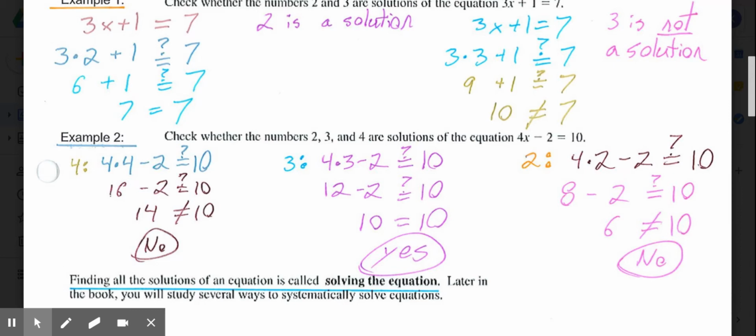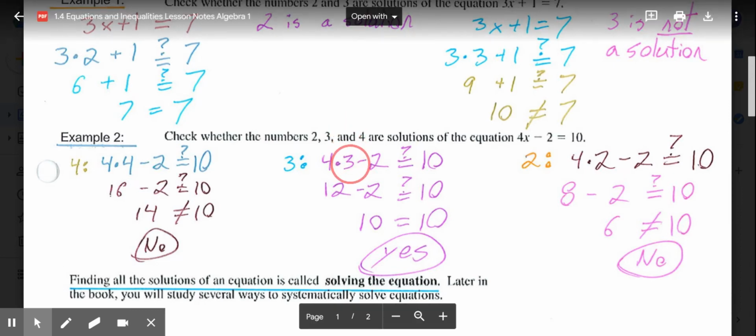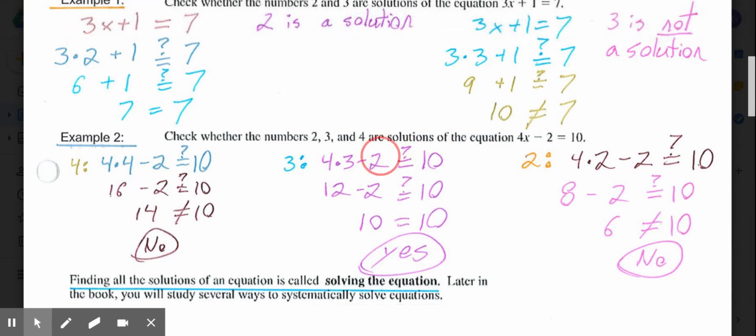So no, that is not a solution of our equation. Looking at 3, substitute the 3 for the x. So 4 times 3 minus 2. Following the order of operations, multiply first. 4 times 3 is 12. 12 minus 2. So we end up with 10 on the left, 10 on the right. They are equal. So yes, 3 would be a solution.